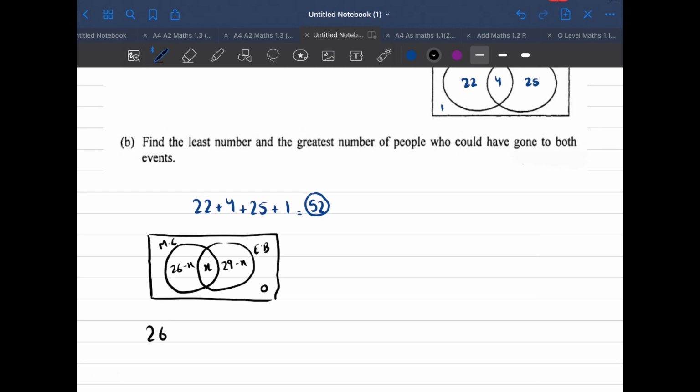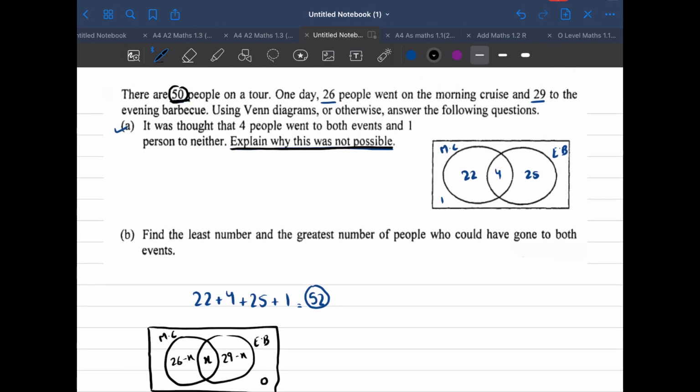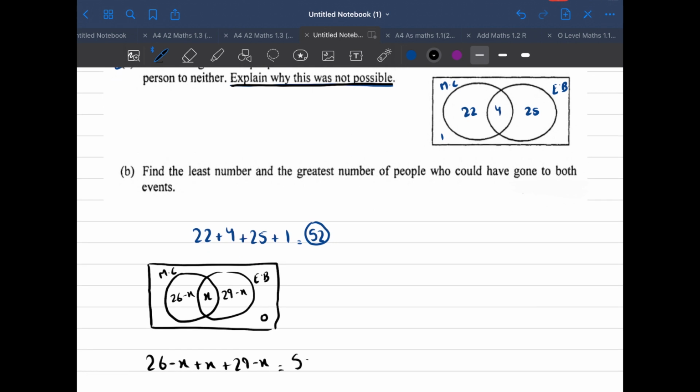Let's add this: 26 minus X plus 29 minus X. In total, how many people were there in the question? 50. Let's equate to 50.